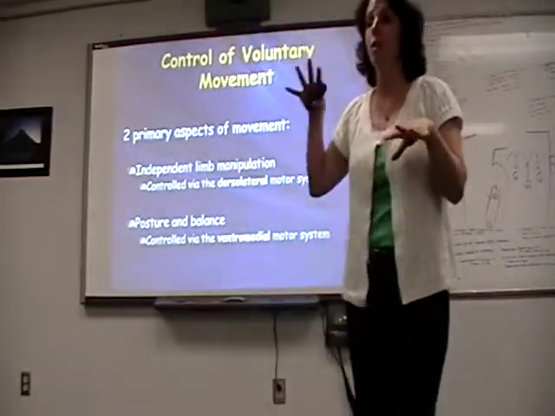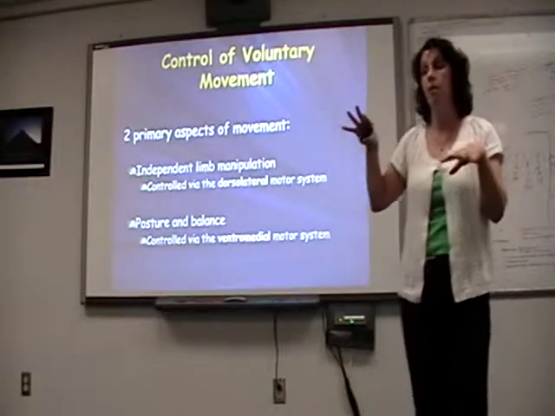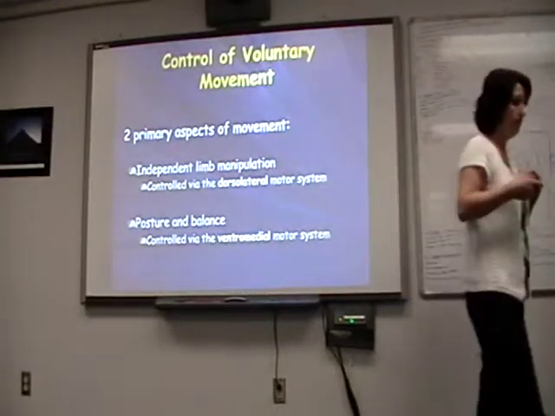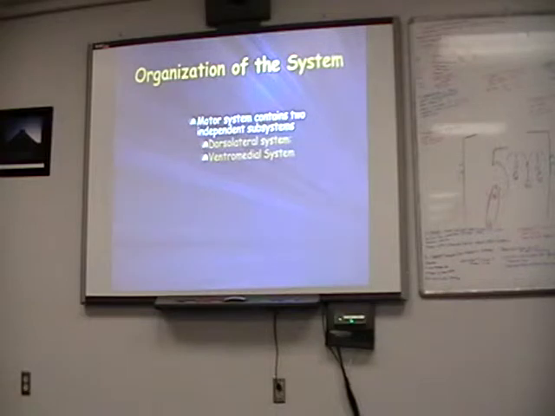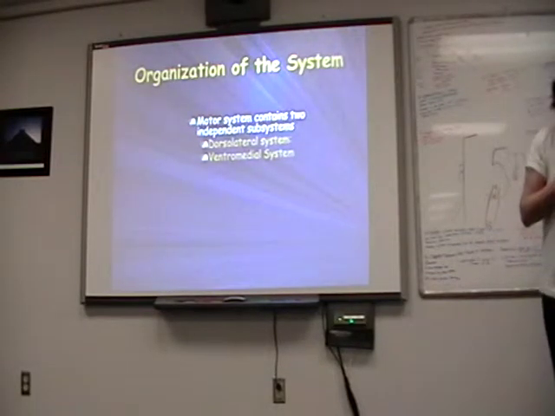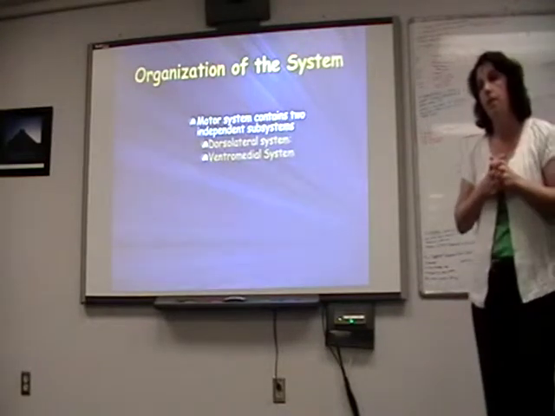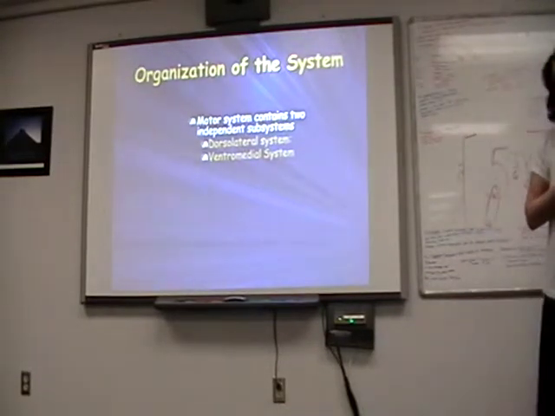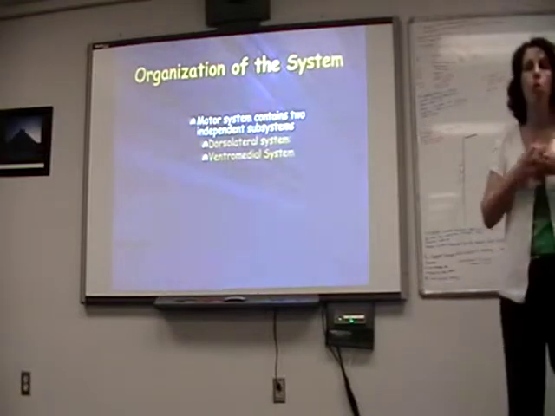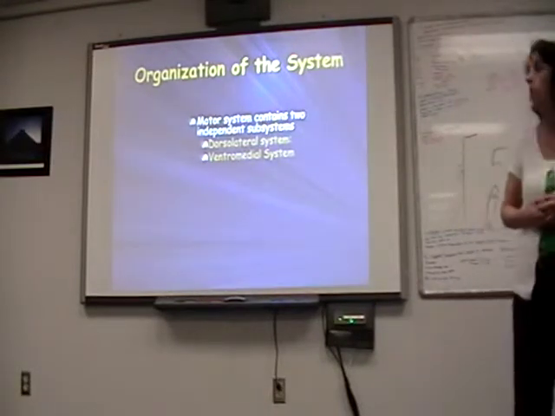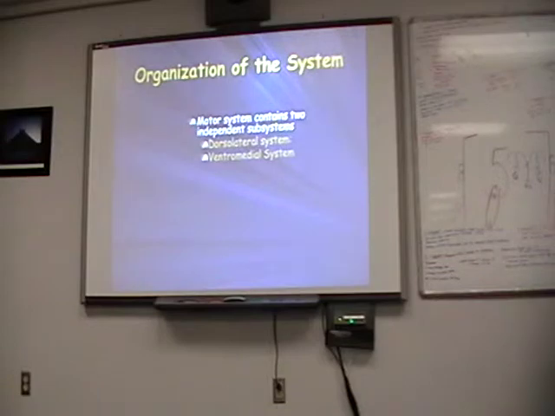We need these two systems to work separately, but also work together. So we call these two systems our dorsolateral system, which is our limb manipulation system, and our ventromedial system, which controls our trunk and our axial musculature, our posture and balance.